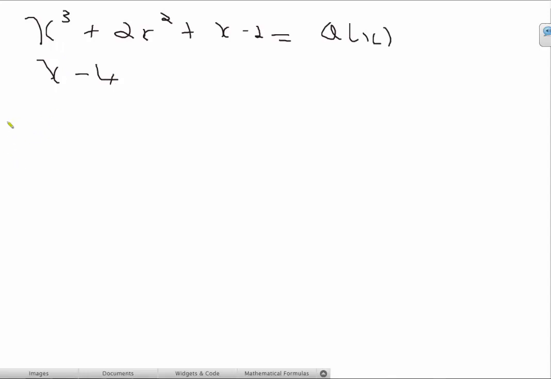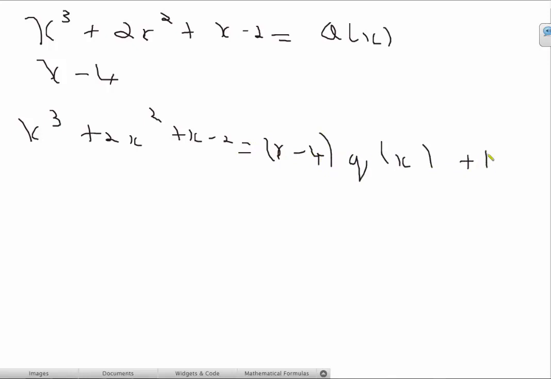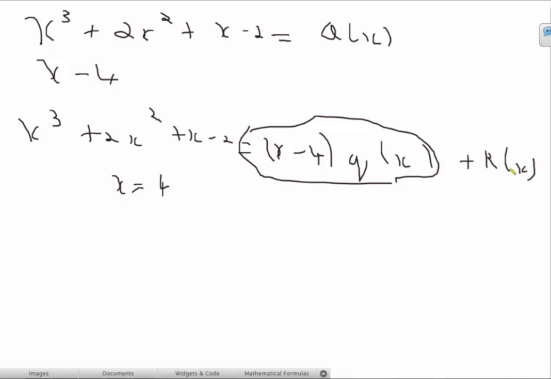So we can say that this part can simply be written as x minus 4 times the quotient plus the remainder. And so if we let x equal 4 here, this part becomes 0, and so we're simply left with the remainder. So let's work this out.